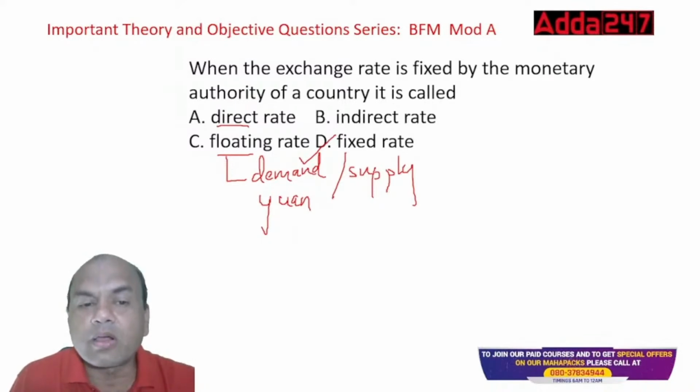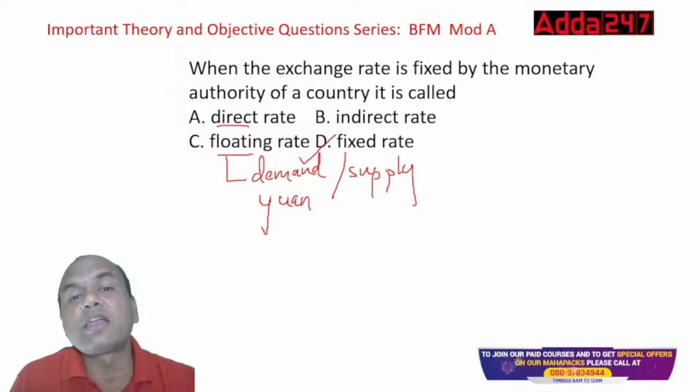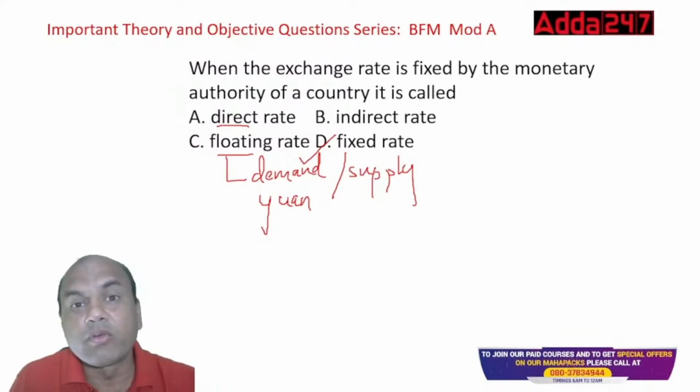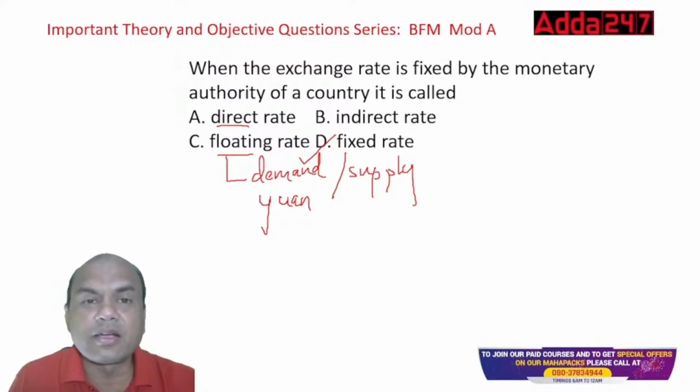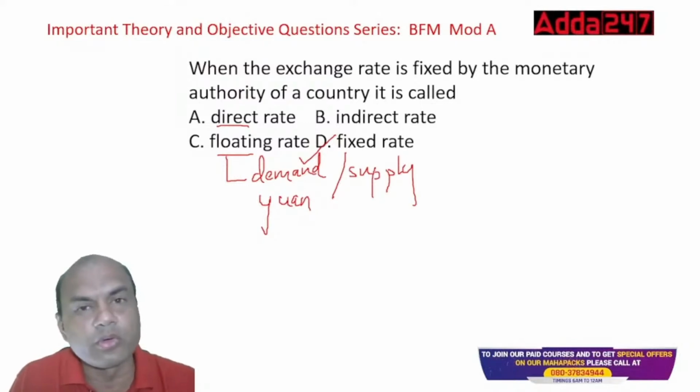But the government or central authority interferes and reduces the rate whenever they want, and increases the rate whenever they want. They have done this in the last 5-6 years. One day suddenly the Chinese bank decided to reduce the yuan rate by 7%. Who, why, when, we don't know.